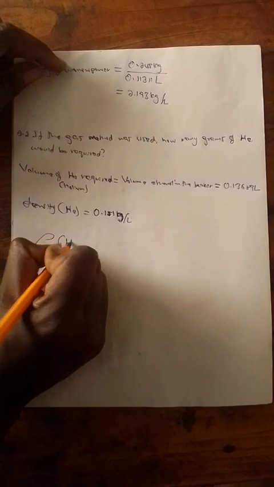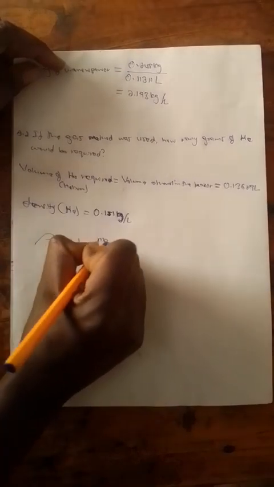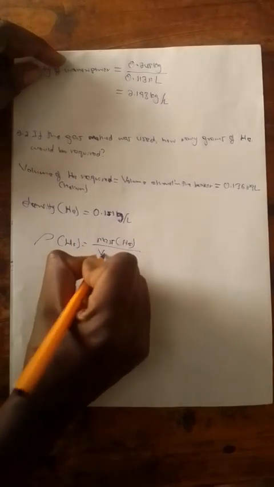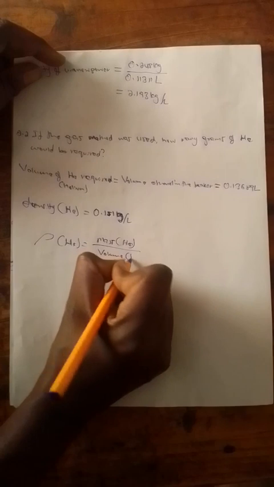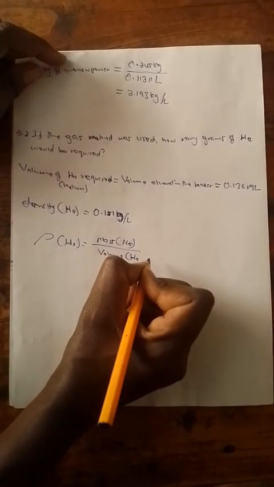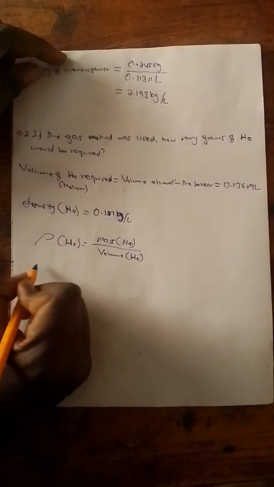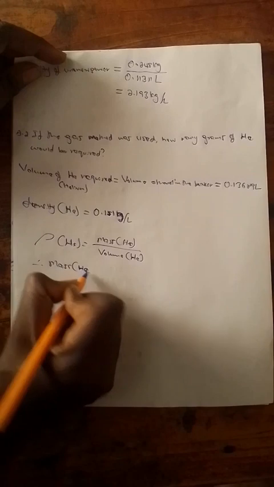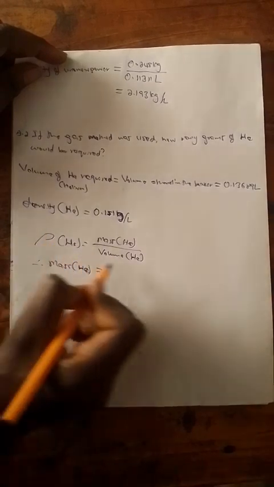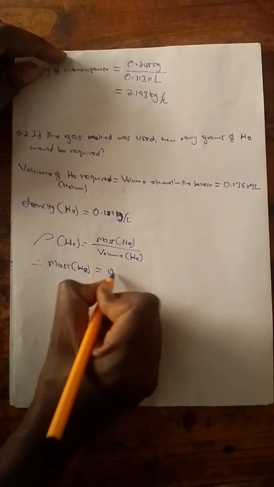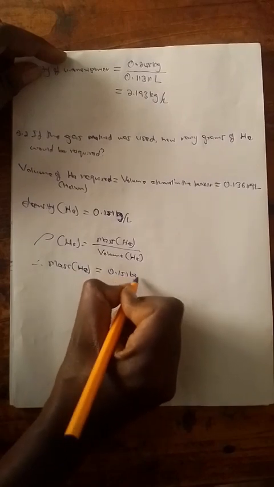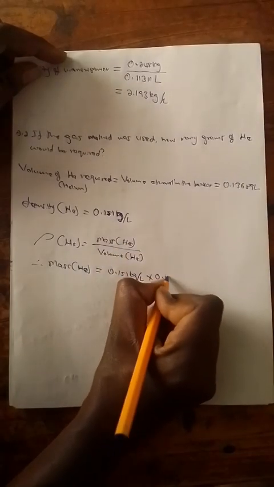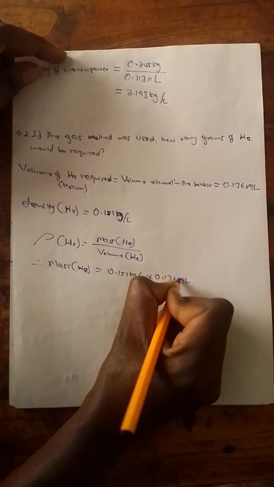because we know that the density of helium is equal to the mass of helium all over the volume of helium, which means that the mass of helium is equal to the density times the volume. And we know the density is 0.151 kilograms per liter, multiplied by the volume we know is 0.13689 liters.